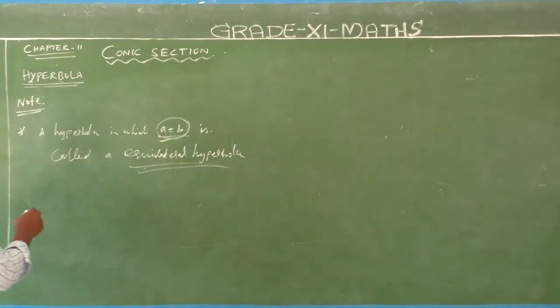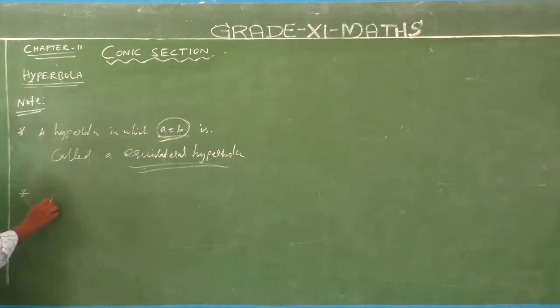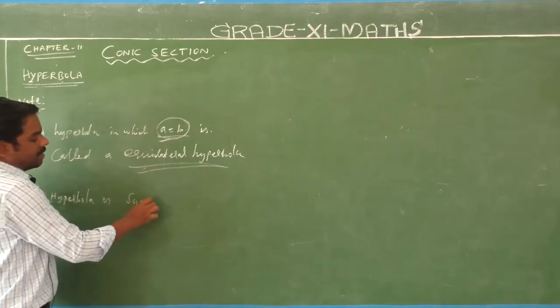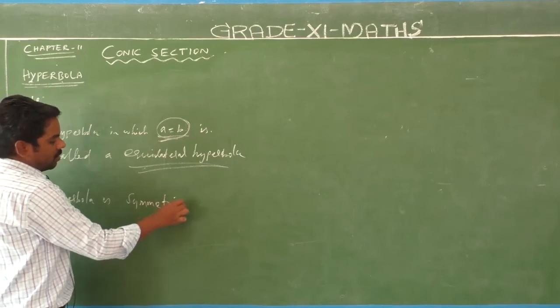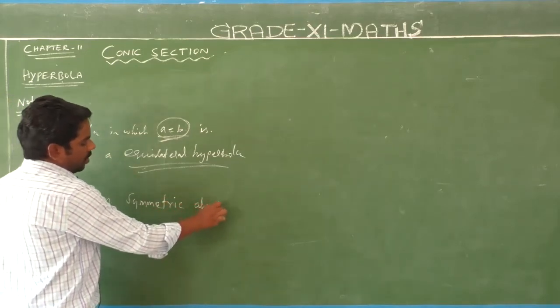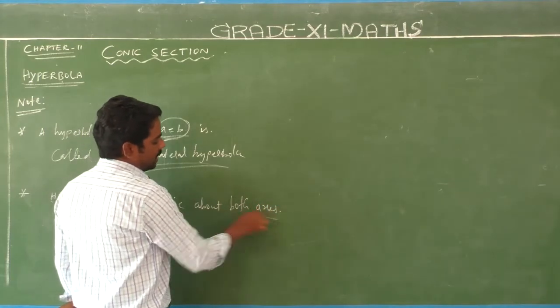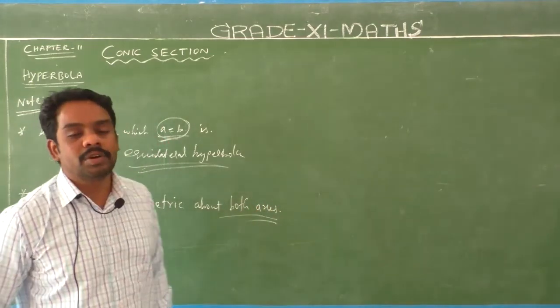And the second note: the hyperbola is symmetric about both axes, that is, symmetric about the x-axis and symmetric about the y-axis.